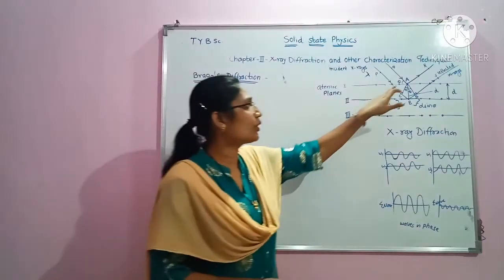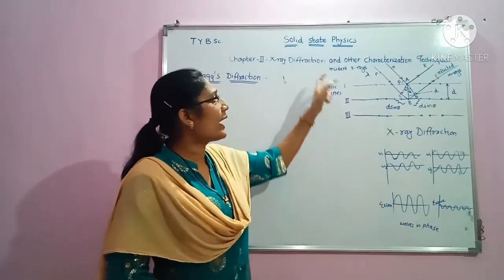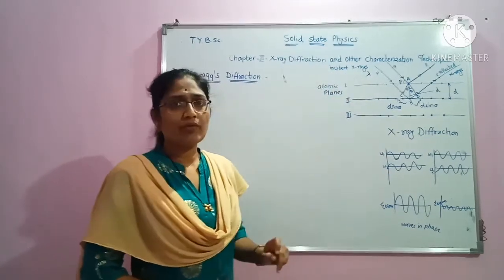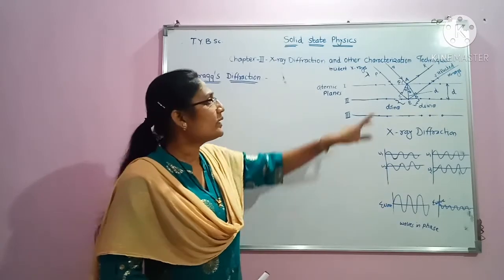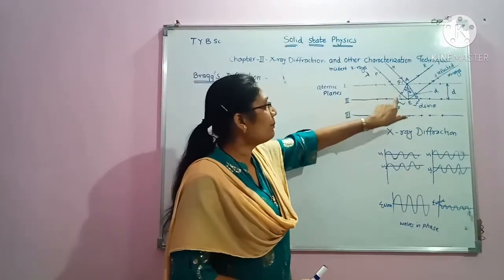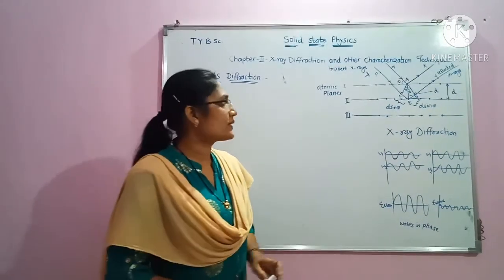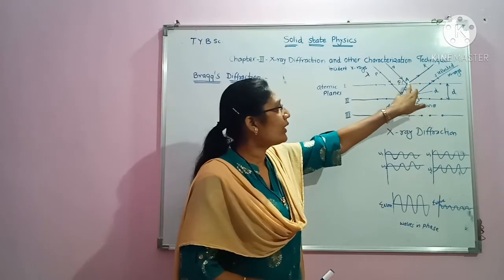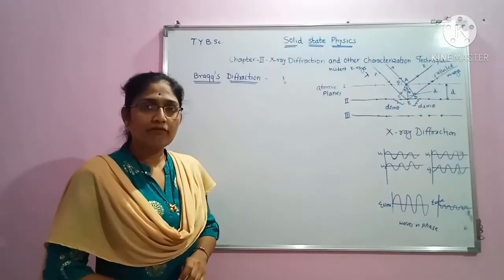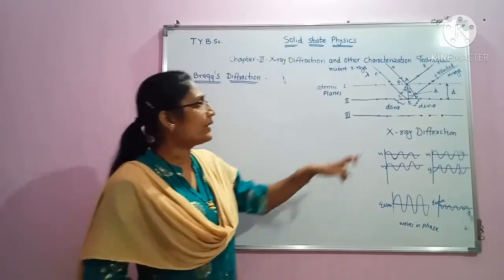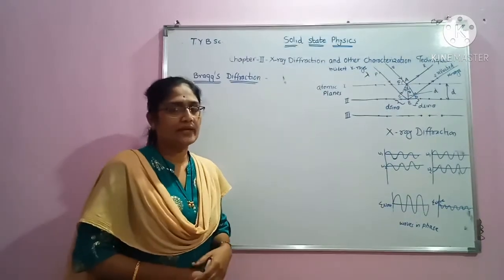Then we considered two atoms situated on atomic planes first and second, and the incident X-ray beam having wavelength lambda is allowed to be incident at points A and B. These are QA and PB, showing the incident X-rays, and when they are incident at atoms A and B, they get reflected by these atoms, and AR and BS show the reflected X-rays.